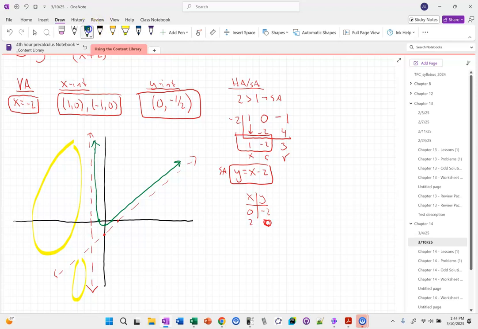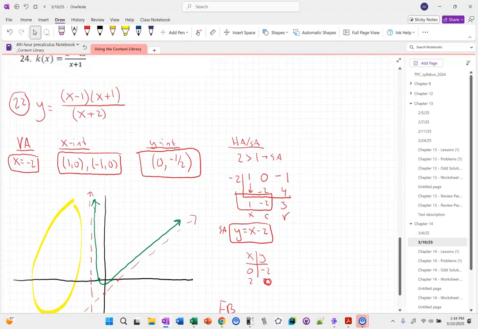To check, I'm just going to look at the end behavior. So I'm going to look at what's happening as x approaches negative 2 from the left. So when I plug in something a little less than negative 2, that number is going to be negative.